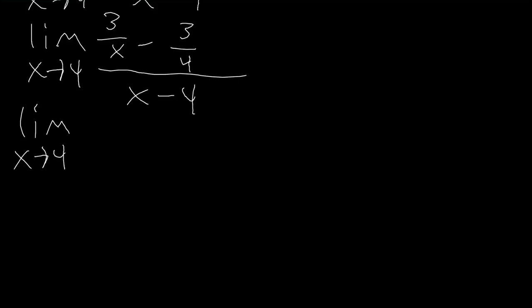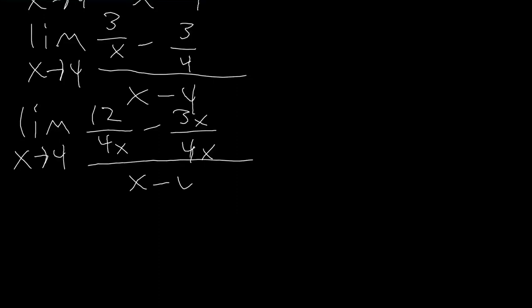So getting common denominators, we're going to have multiplying 3 over x by 4 over 4, we're going to have 12 over 4x. And then we can multiply 3 over 4 by x over x. So we're going to have 3x over 4x. And then it's over x minus 4.